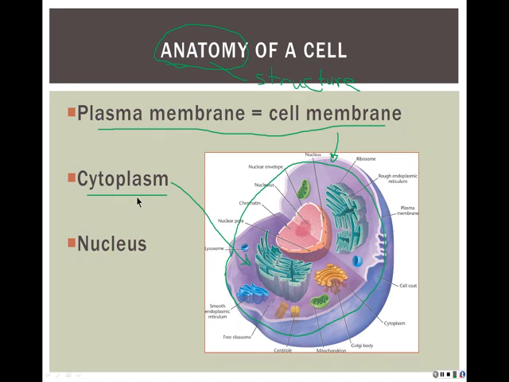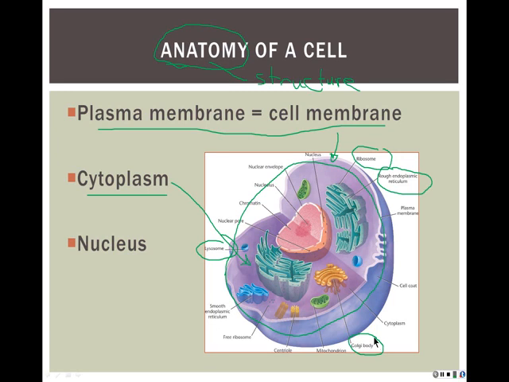And then the command center. Oh, and excuse me, inside the cytoplasm, that's the liquid part, you also have organelles. Organelles are like little itty-bitty, microscopic factories. So in this diagram, a lot of what's labeled here are organelles.